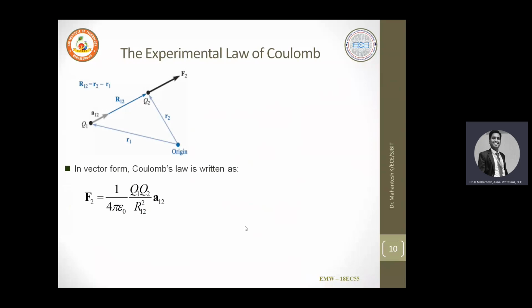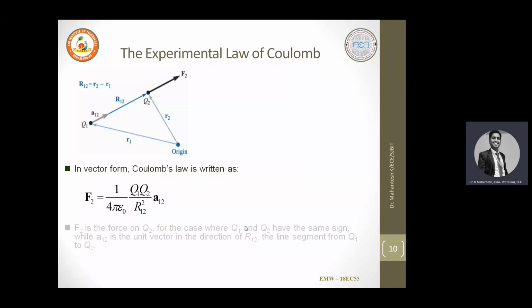In vector form, Coulomb's law is written as F2 is equal to 1 over 4 pi epsilon naught Q1 Q2 by R12 square in the direction a12. So what is a12 here? It represents the direction of the force acting on Q2 due to the charge Q1, in the direction 1 to 2.